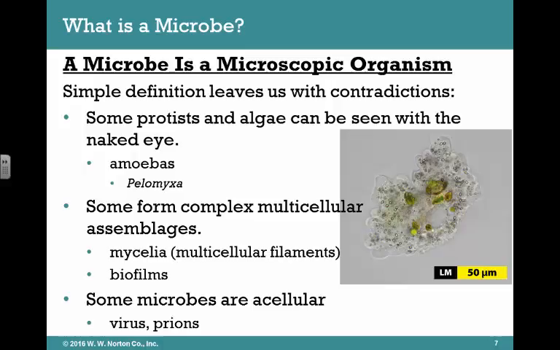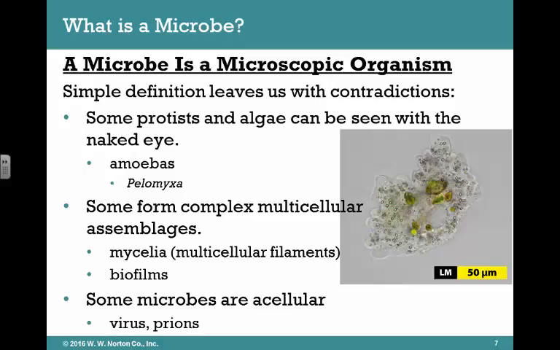Okay. So what is a microbe? Well, as I mentioned, a microbe is a microorganism, a very tiny, invisible form of life. And the simple definition is that a microbe is simply a tiny, invisible, to the naked eye form of life. But it gets more complicated when you start to study the variety of microbes.